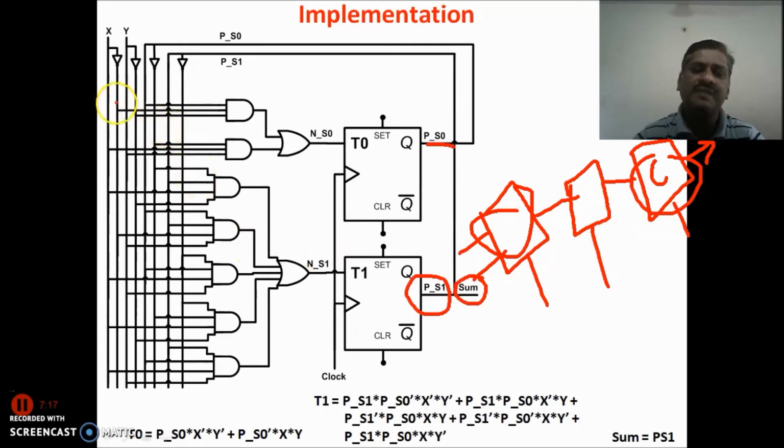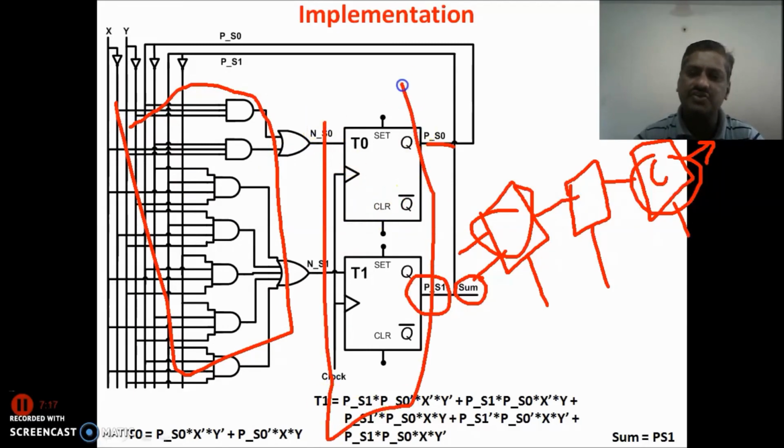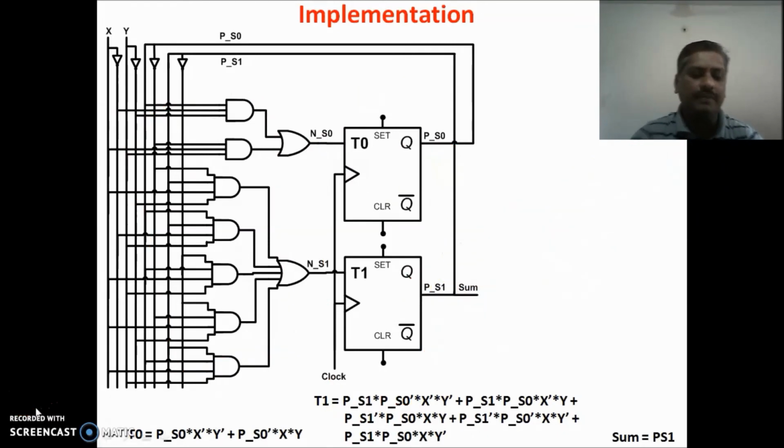Look here. This is the input combinational part. These are the states of the machine, and here is the output combinational part. Here the output combinational part is absent because we directly have the equation, that is sum is equal to PS1. Means in this particular design the output combinational part does not exist.